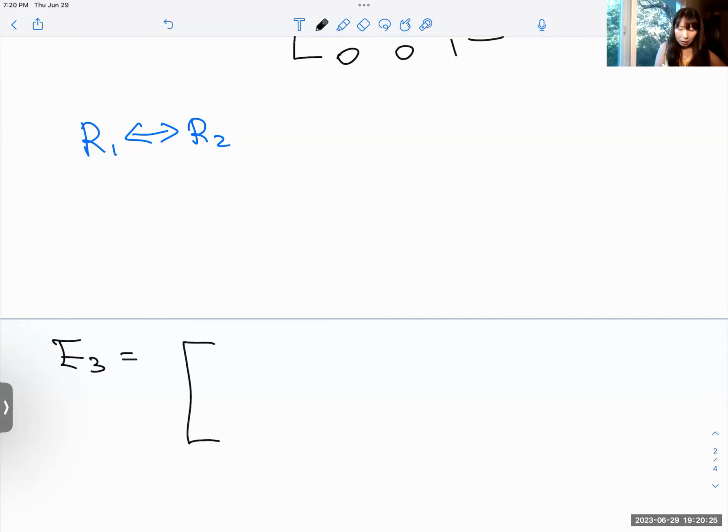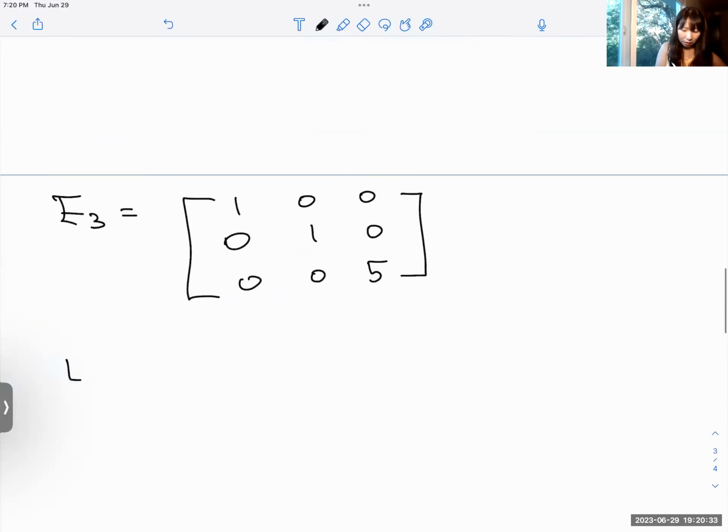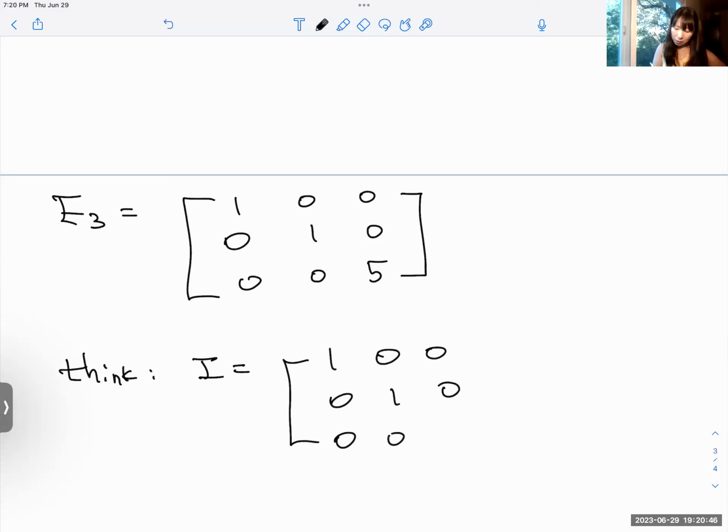Okay, how about we have 1 0 0 0 1 0 0 0 5. We're gonna think backward from the identity matrix, 1 0 0 0 1 0 0 0 1.